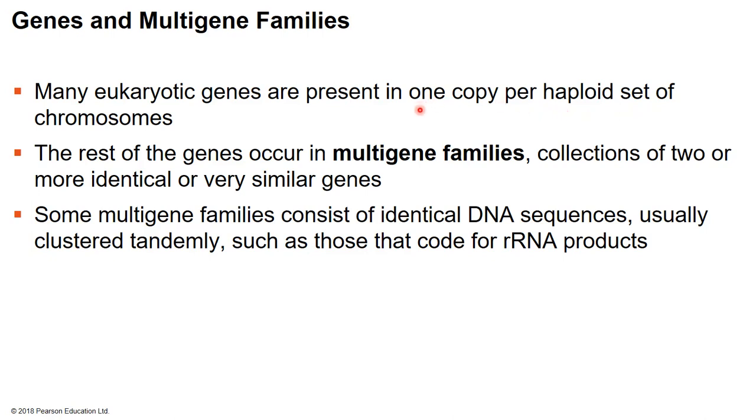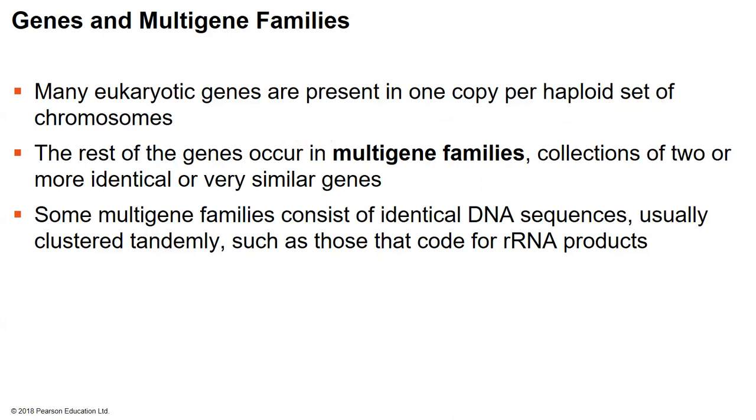The idea here is that for most of our genes, we have 2 copies. One copy you inherit from your father, the other copy you inherit from your mother. But for some other genes, we might have more than one copy found in the genome, so more than one copy per haploid set of chromosomes.